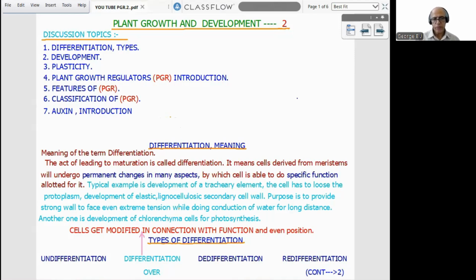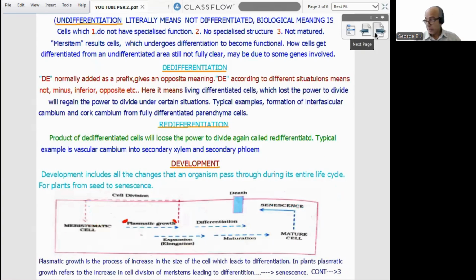Now what is undifferentiated? What are the features? And next is dedifferentiation. What happens in dedifferentiation? Some of the cells which lost the power to divide will regain the power to divide under certain situations, with examples. Then again, redifferentiation, again losing the power to divide. Then we pass through an area called development.